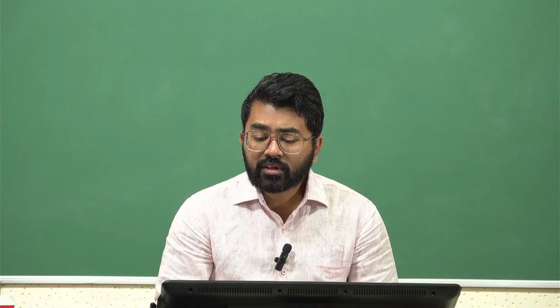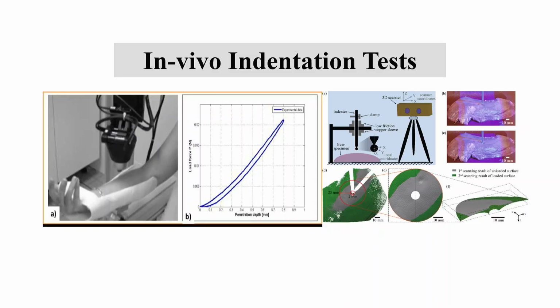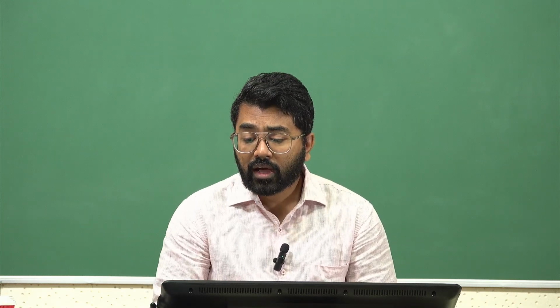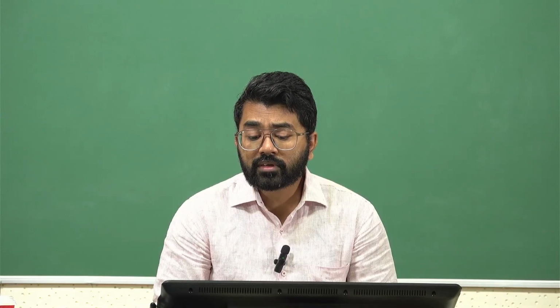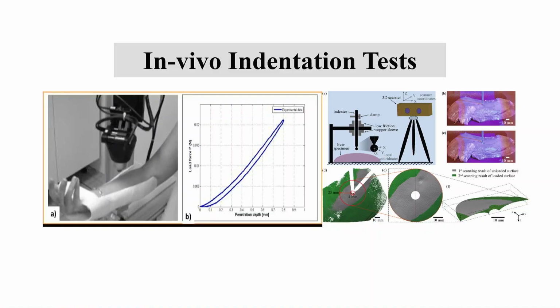So on the right side, you're looking at another indentation test, where this schematic shows a liver specimen. It is trying to do an indentation test on the liver specimen, on a live liver, right? And that basically has an indenter with a clamp and some low friction copper sleeves.